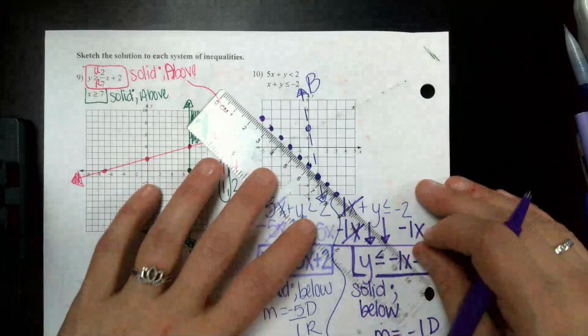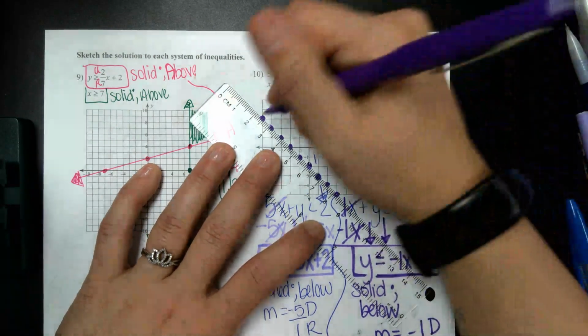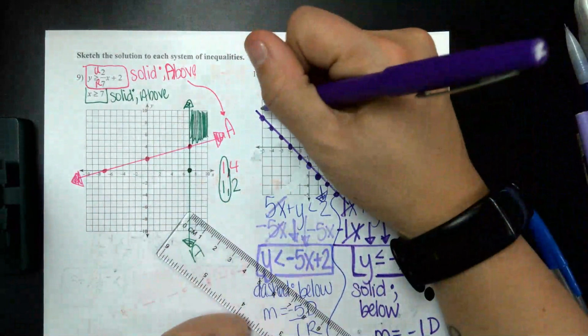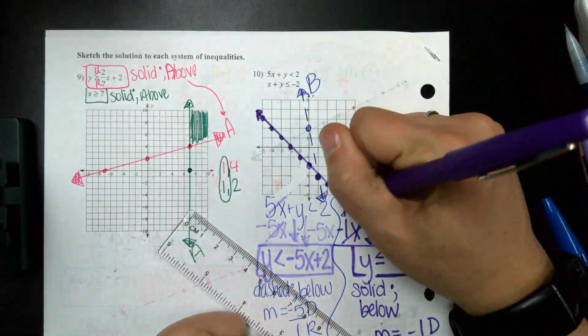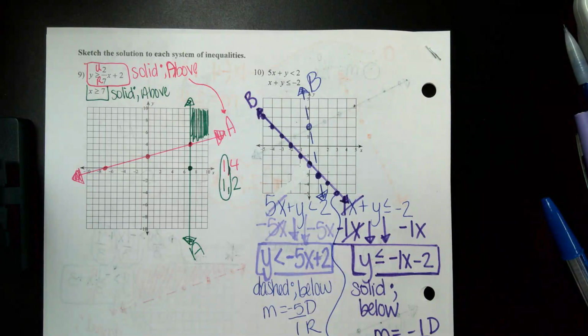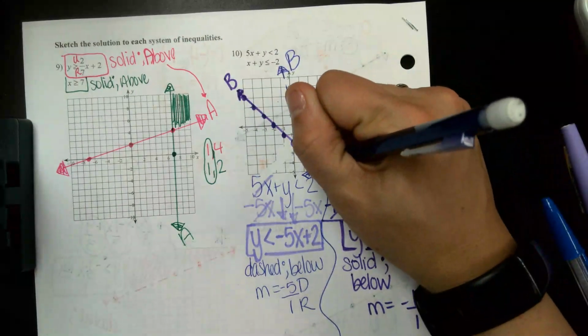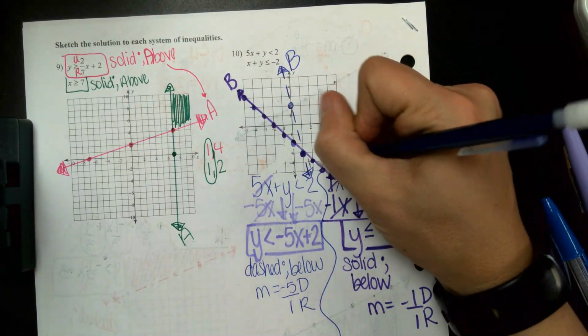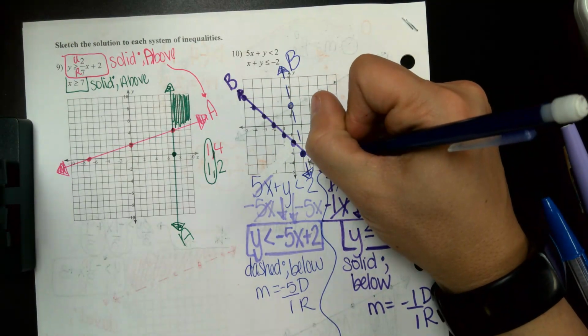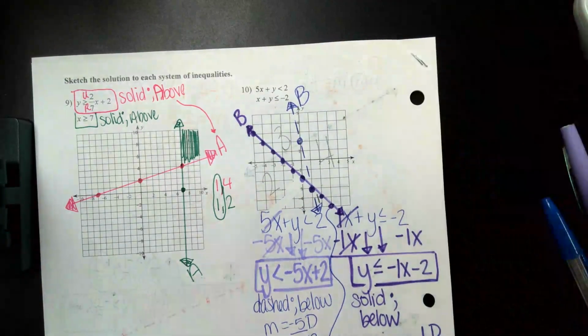Now we said this one was going to be solid. Now look up here, because this one's supposed to be shaded below also. There is a very tiny section right here. See this little piece? I'm going to call that section 1, section 2, section 3, section 4.